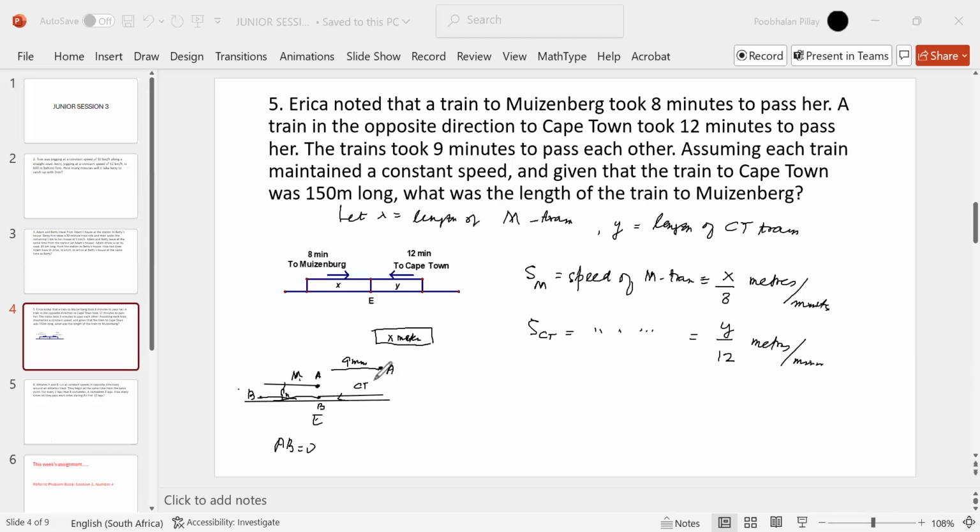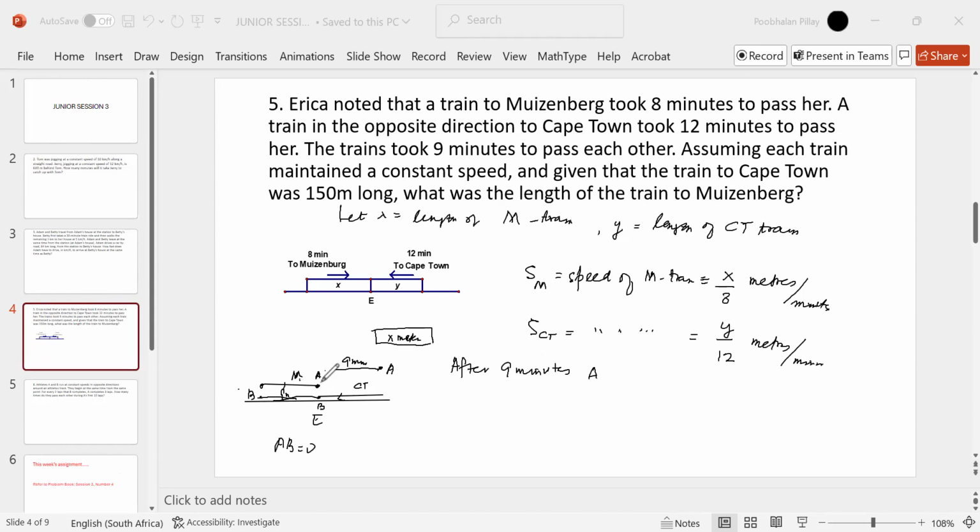So after 9 minutes, the distance between A and B is x plus y. A is the front of the Muizenberg train, and B is the front of the Cape Town train, right?